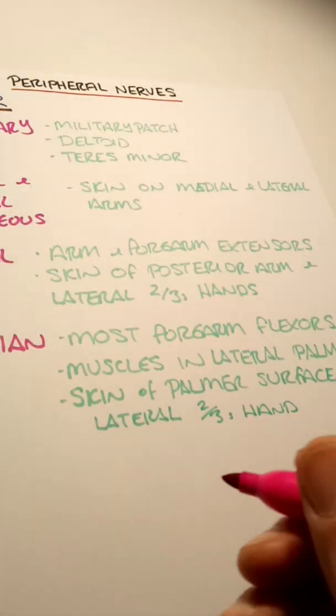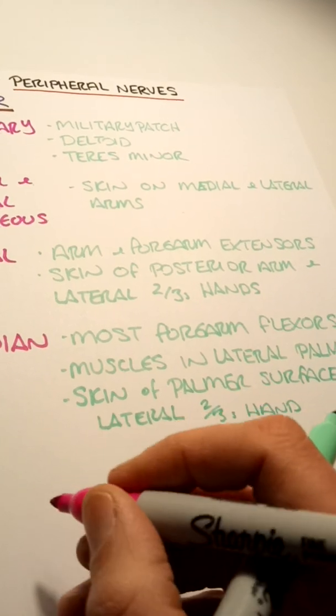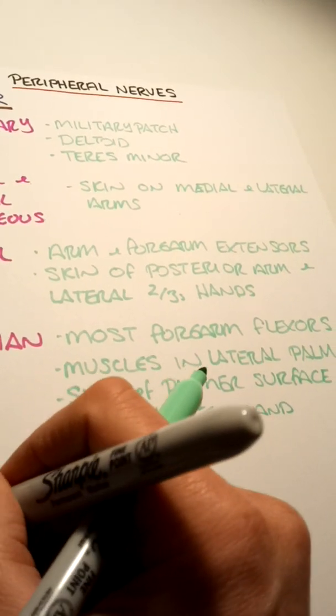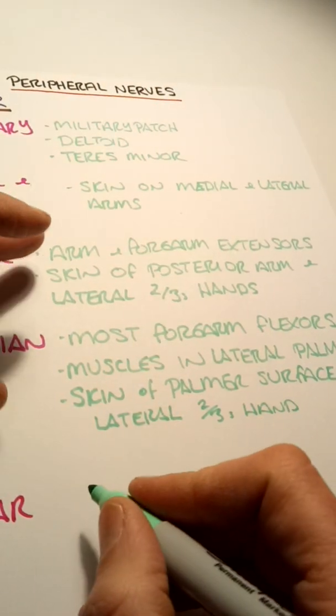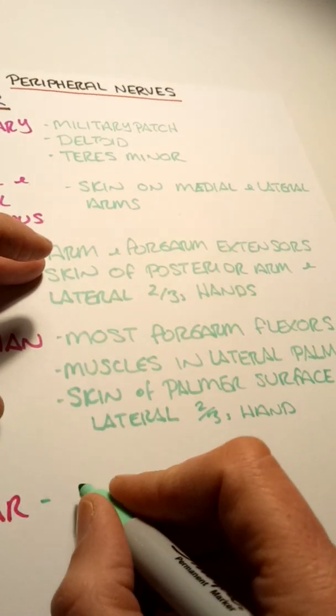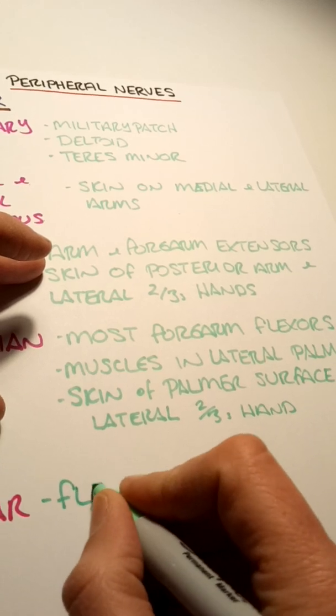And then finally we've got the ulnar nerve. This innervates your flexor carpi ulnaris.